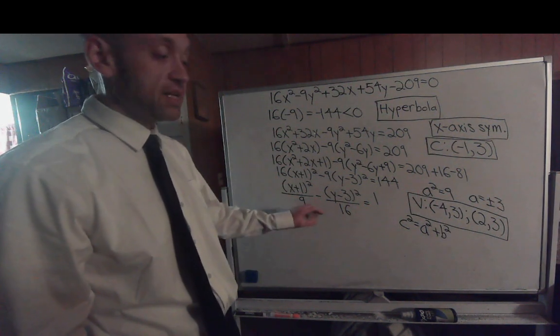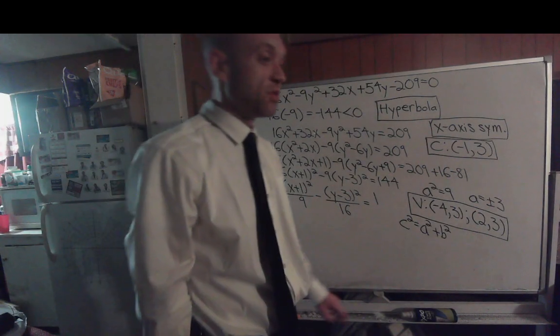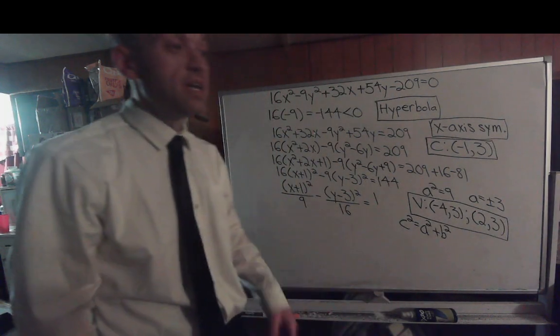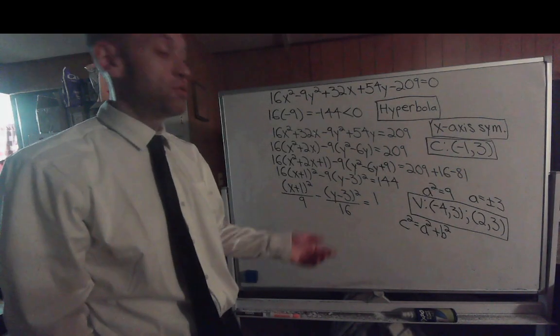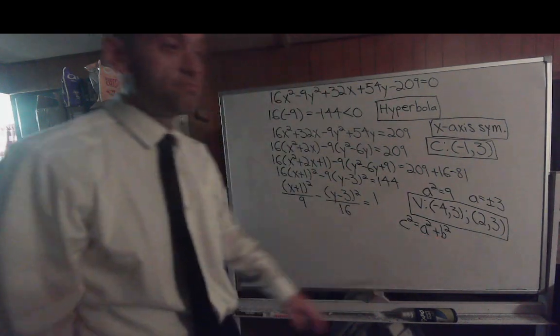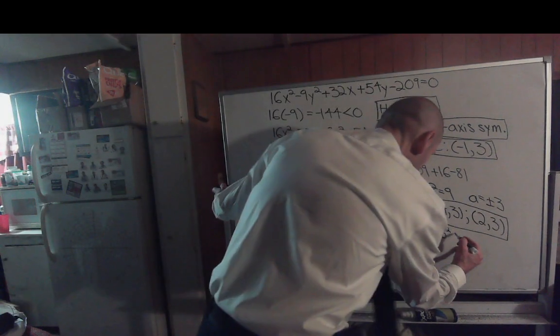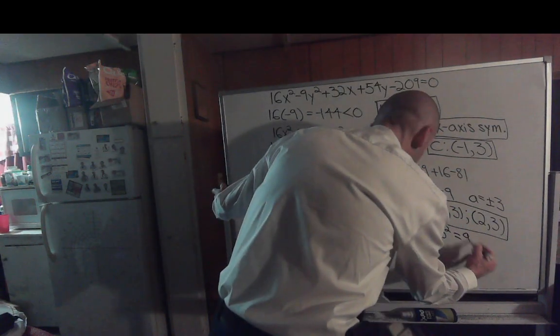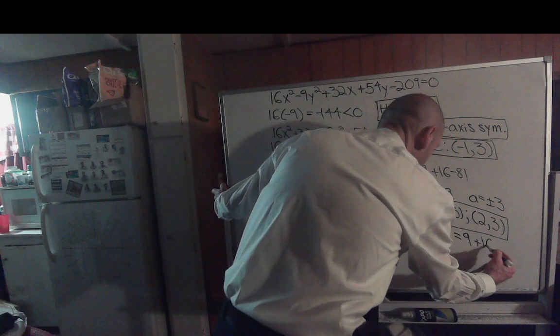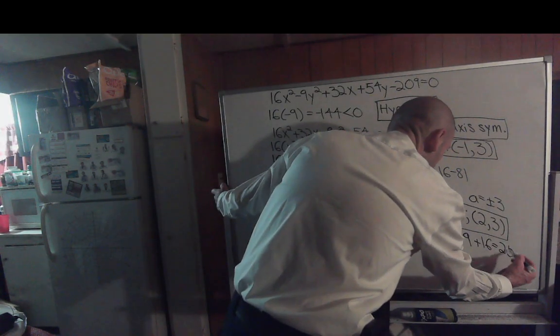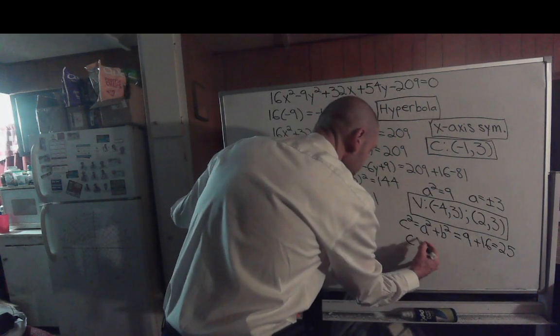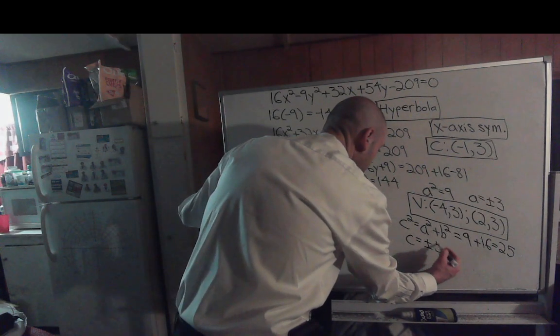The hyperbola in standard form has a minus, so the foci equation has to be a plus. In an ellipse, you have a plus, so you have a minus for the foci equation. So in this case, a squared was 9 plus the b squared of 16, which gives me 25. So c would equal plus and minus 5.